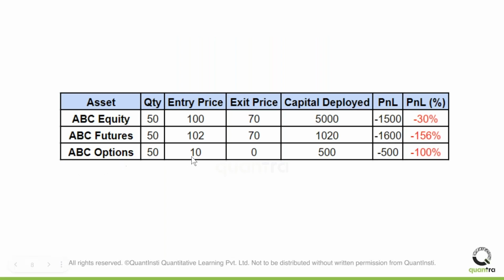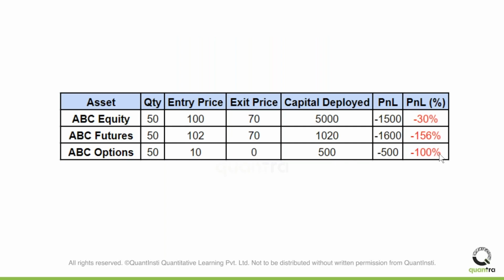And similarly in options, he bought the option for 10 and it became worthless, because since this is a call option, you will be paid only when the price is more than the strike price. So if it is more than 100, you would have got some money. Since it is less than 100 and it is at 70, his call option becomes worthless.